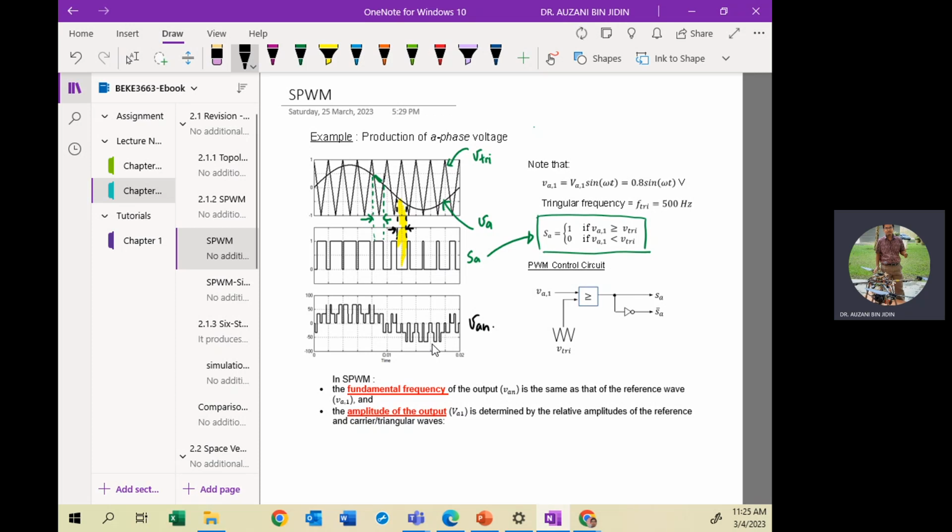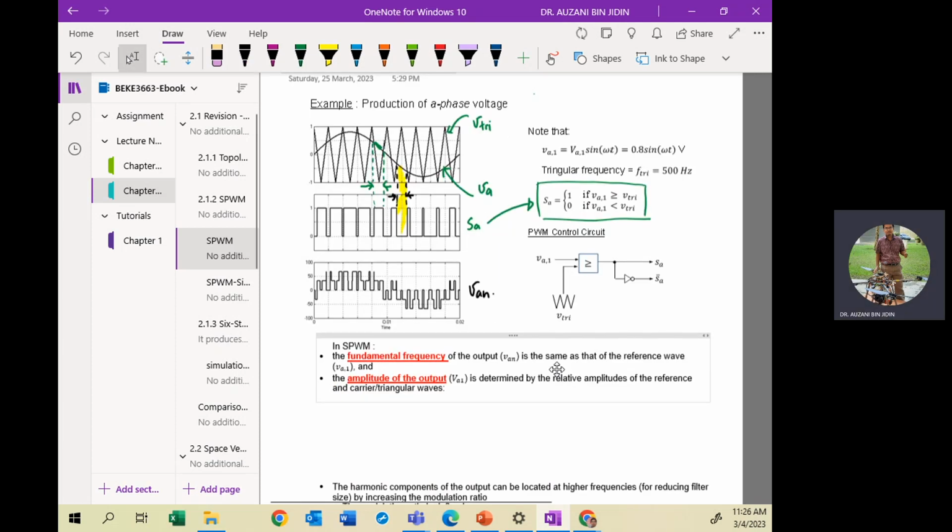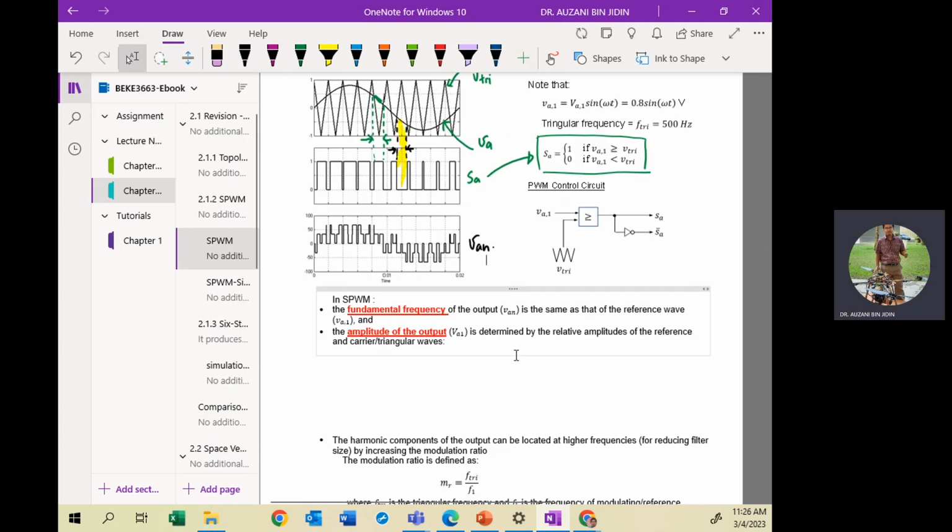It's not only for SA. They combine for all switching states A, B, and C. Then you can have the phase A voltage, VAN.